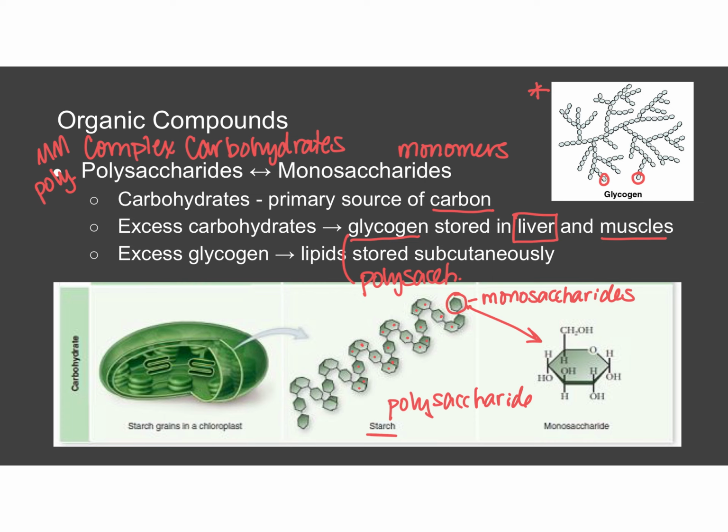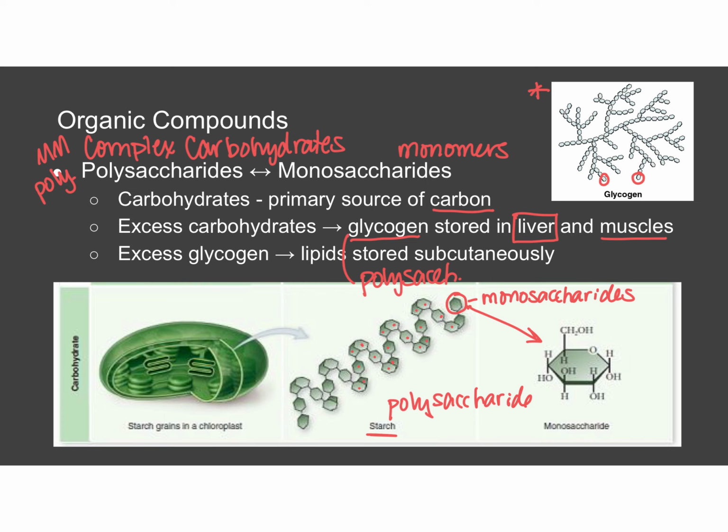So it can take that glycogen, break it down into monosaccharides, and then break down those monosaccharides using cellular respiration to make ATP. And this is a quicker process than breaking down lipids or proteins. So this is going to be the first store of energy that is used up as your body also works on breaking down lipids and then eventually proteins.